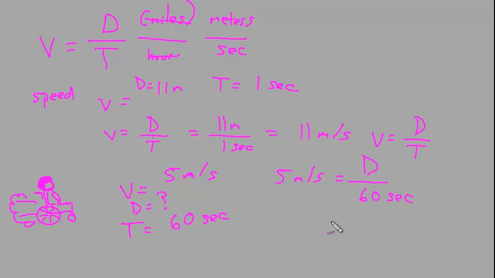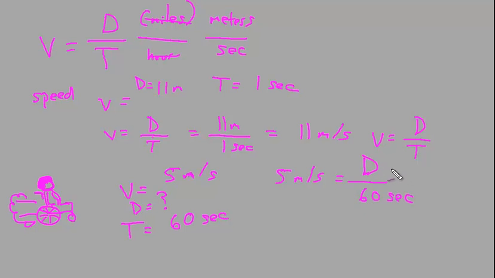Okay? Now what I want to do is I want to solve for the distance. And in order to work on that, I need to get distance all by itself. Okay? I need to get it away from the influence of time, and I need to keep it away from the influence of velocity. So how do we do that?